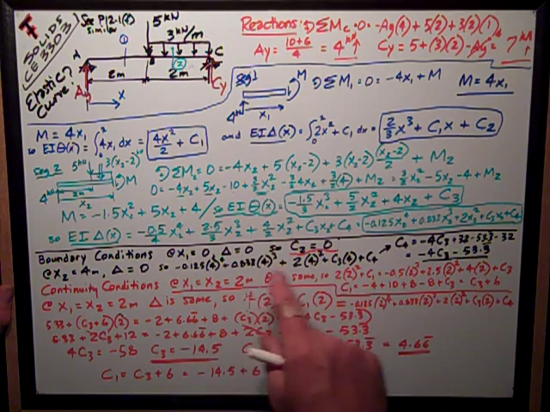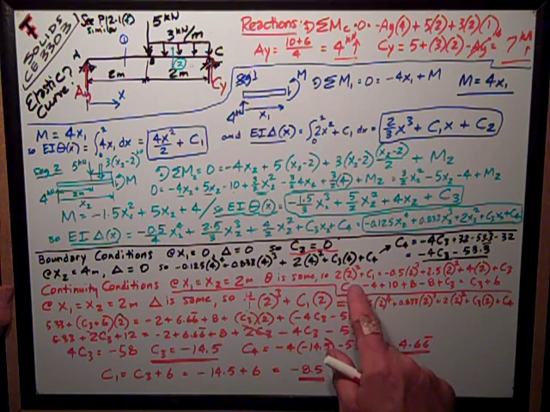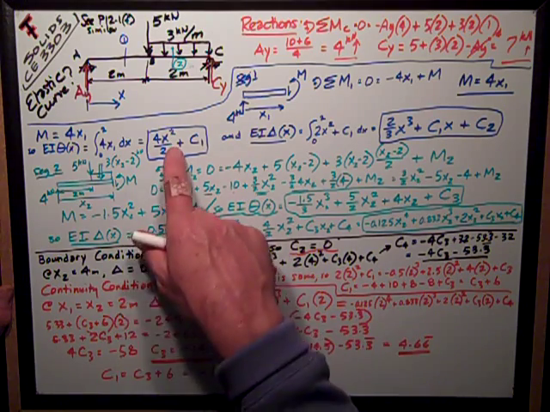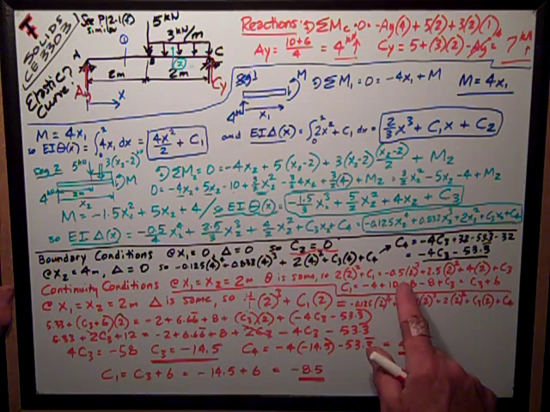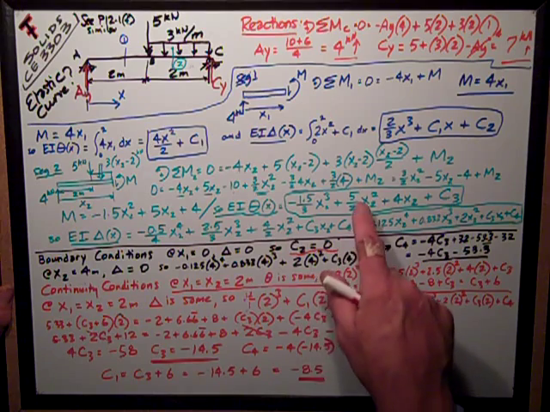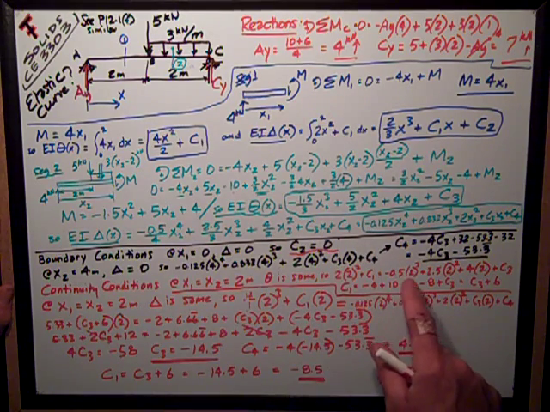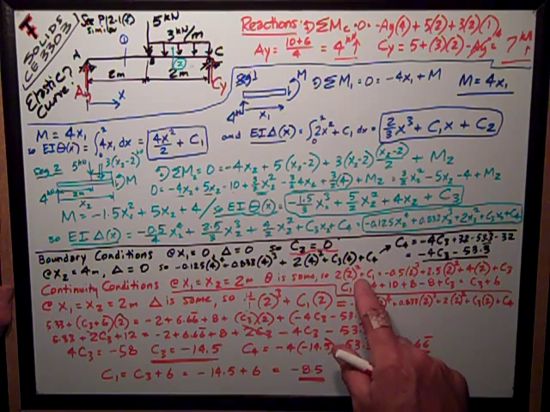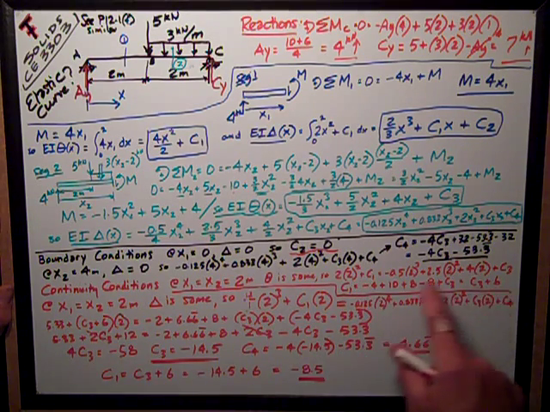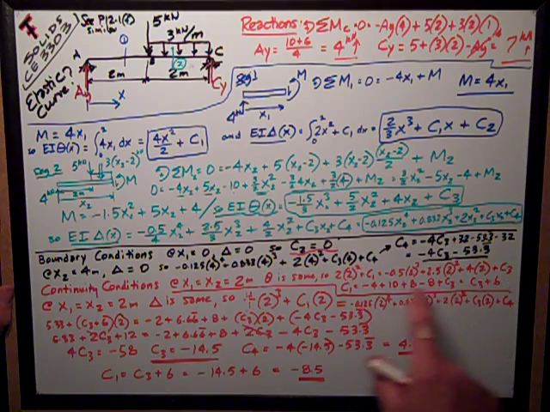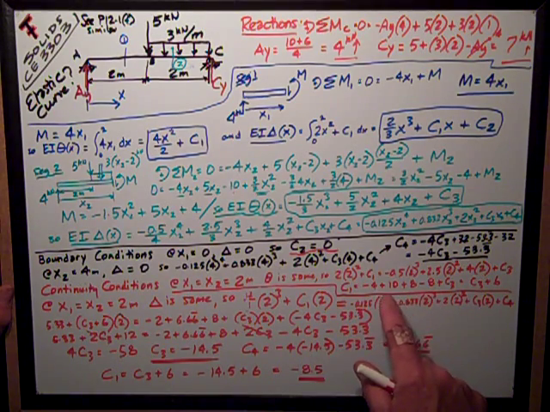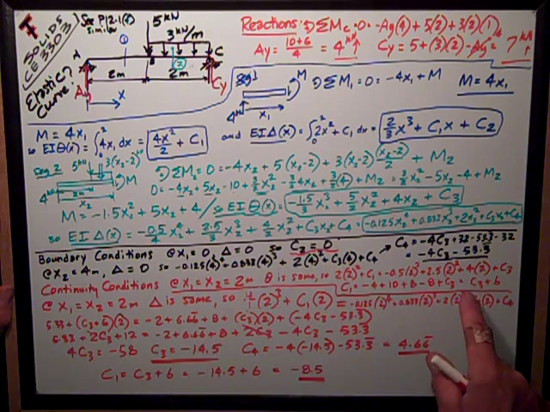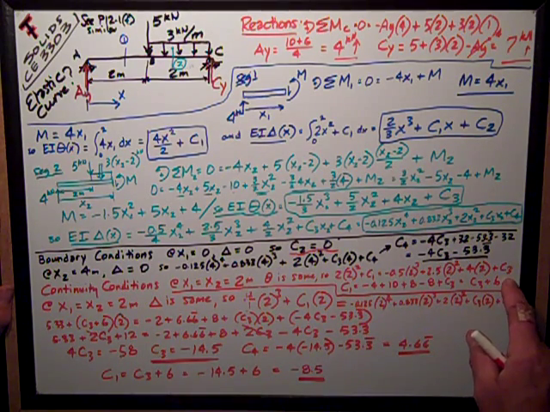The slope, I don't know what it is, but I know it's going to be equal. So it's 2 times 2 squared plus C1 is that equation with 2 for x, this equation with 2 for x looks like this, plus C3. So I get some quantity plus C1, some quantity plus C3. I can simplify that all out and rearrange it, and I get that C1 is equal to C3 plus 6.